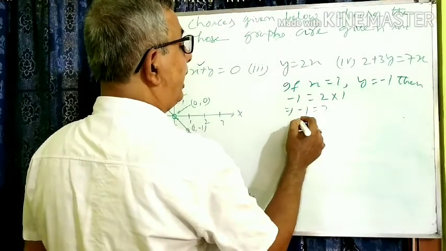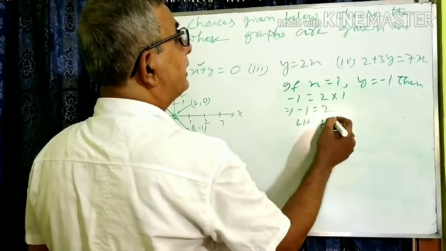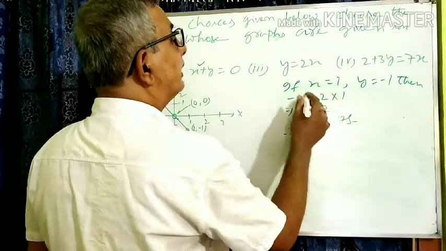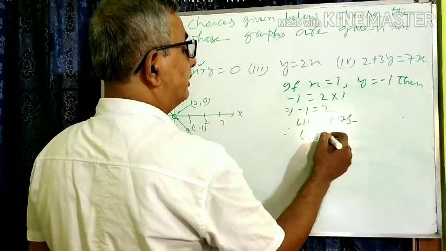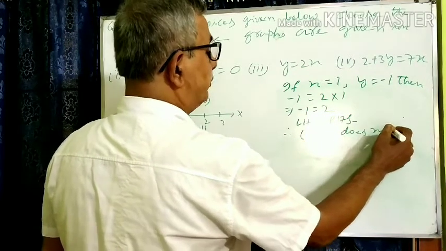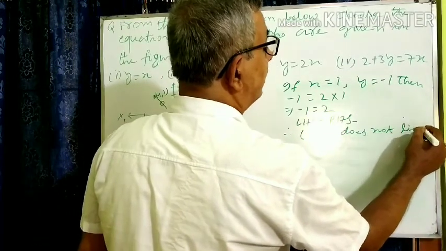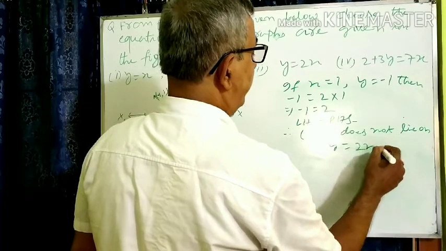Therefore, LHS not equal to RHS. That means what? 1 and -1 does not, this is what? Point. So does not lie on y is equal to 2x.